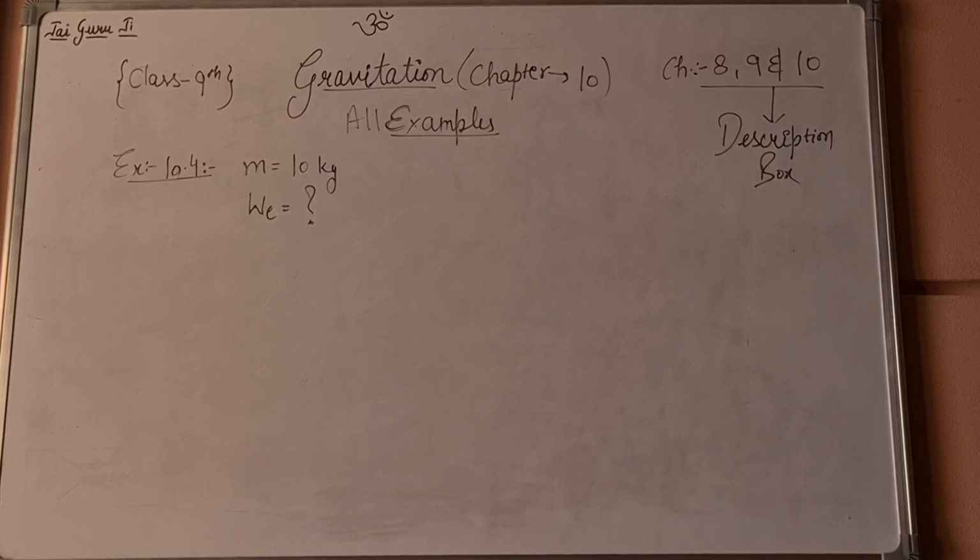So w is equal to mg, where g is equal to 9.8 meter per second square. So we have to substitute these values in w. So w is equal to mass is 10 kg, so 10 into 9.8, that is 98 Newton. Newton is the unit of force and w is also a force on the object on earth. So w is equal to 98 Newton is the answer.